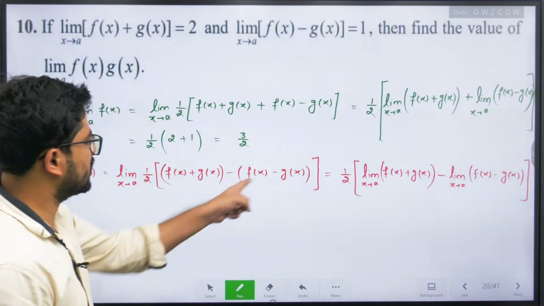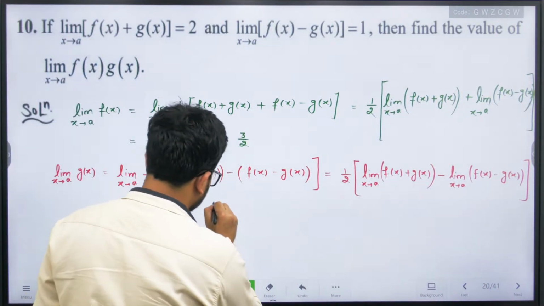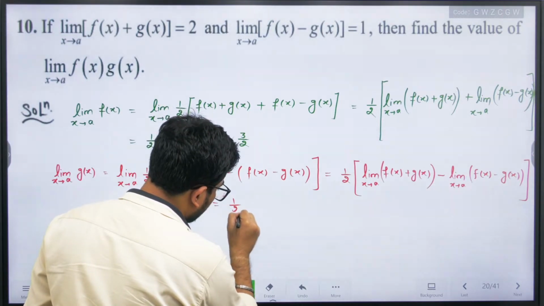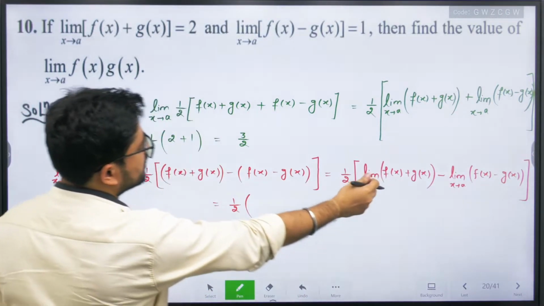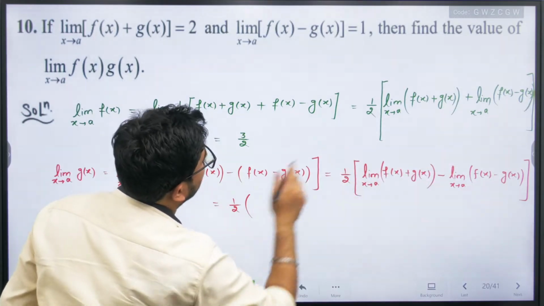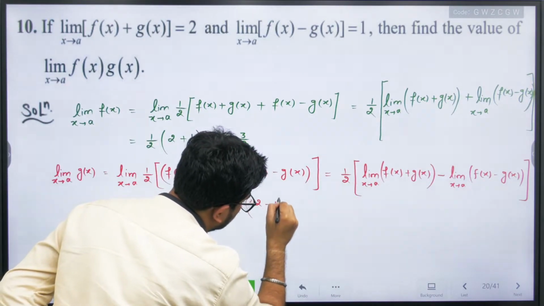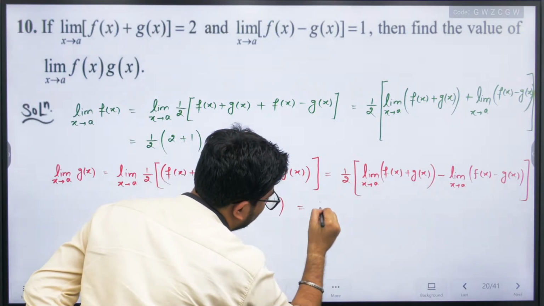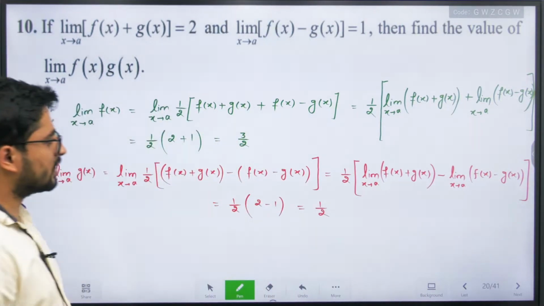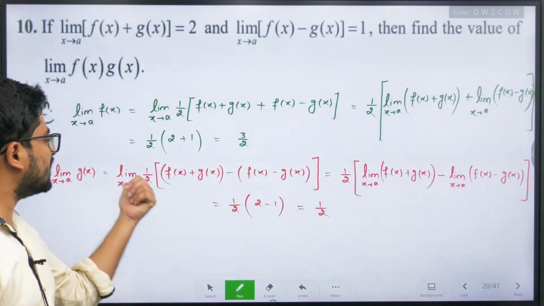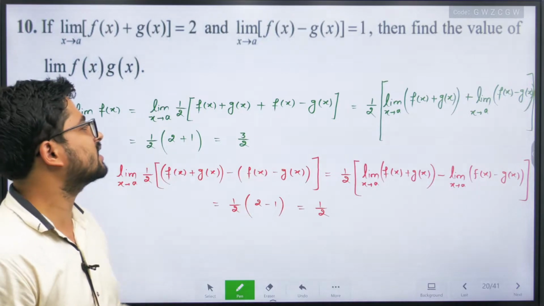Got it? So this thing is half into 2 minus 1, which is 1. 1 into half is half. Clear? So now limit of f(x) is 3 by 2 and limit of g(x) is half at x equal to a.